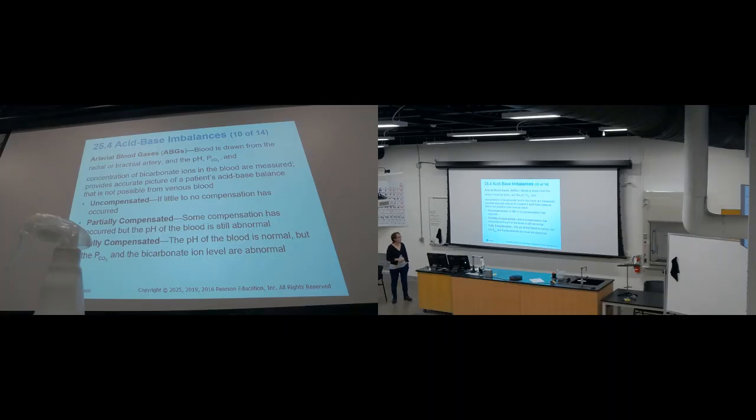Partially compensated means that the pH has been going back toward normal in response to the organs, and hopefully you have fully compensated acidosis or alkalosis in cases where the function of your organs is not affected.